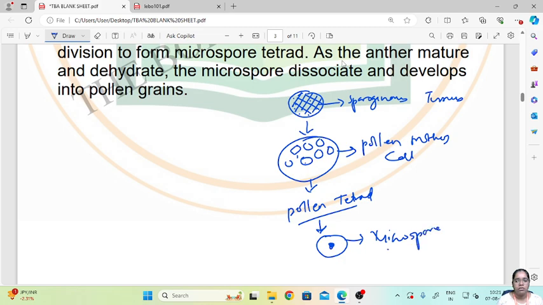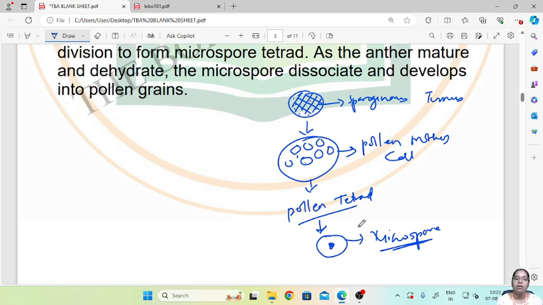Microspore. So this microspore will again undergo gametogenesis, that is, this microspore will undergo certain changes that will form the pollen grain. That is, the nuclear division will take place inside the microspore.